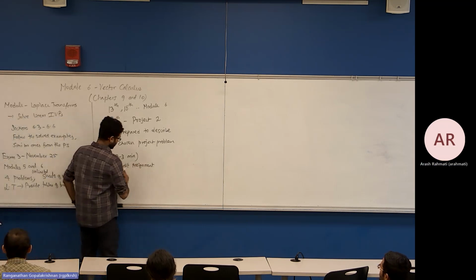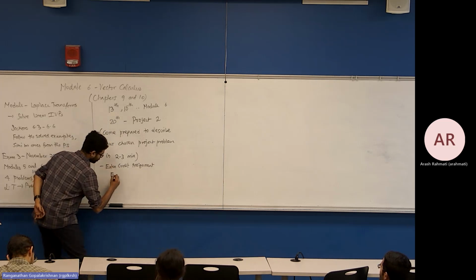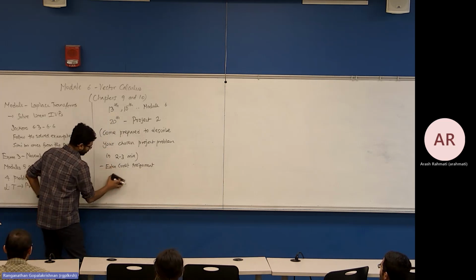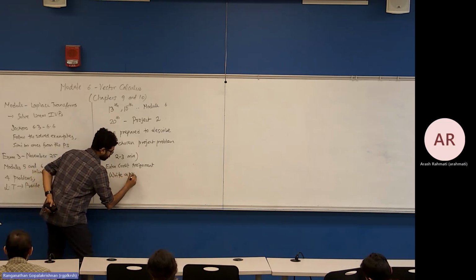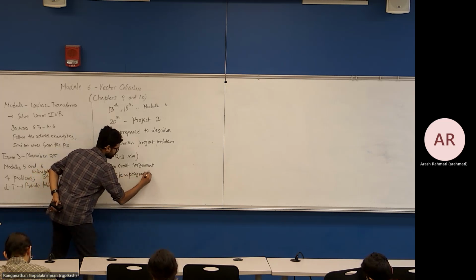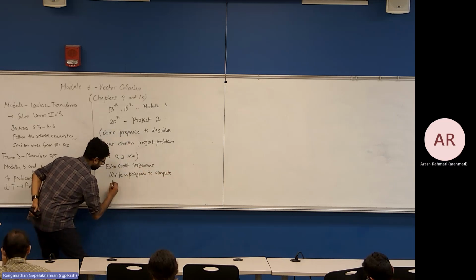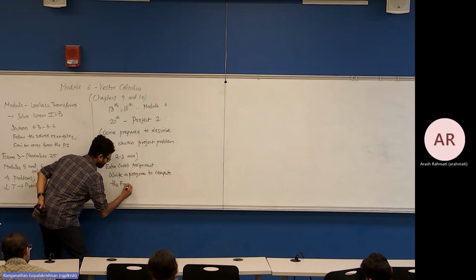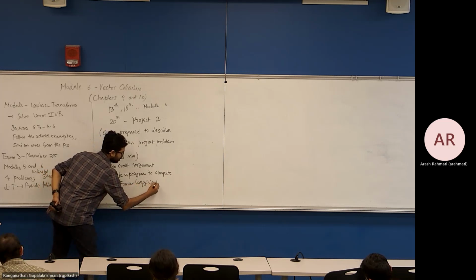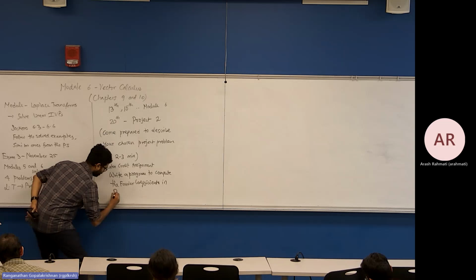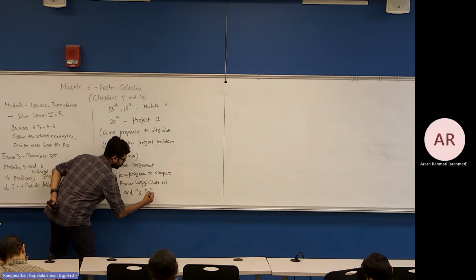So this extra credit assignment, as you may remember, is to write a computer program to compute the Fourier coefficients in problem 2 and problem 3 of exam 2.